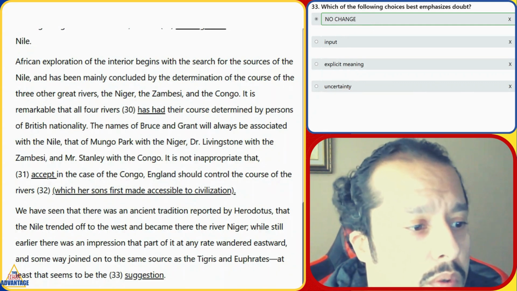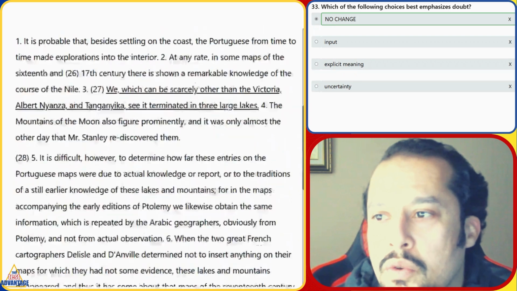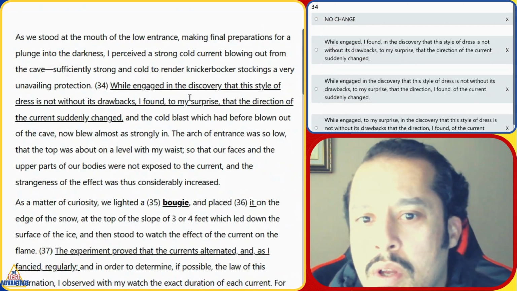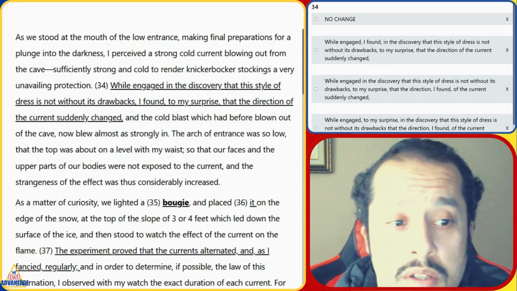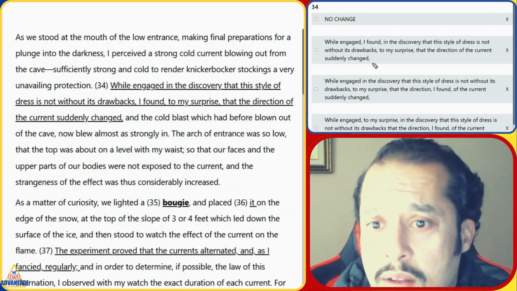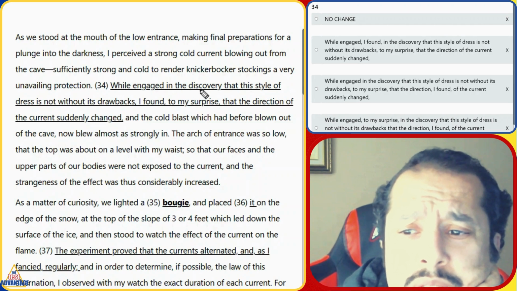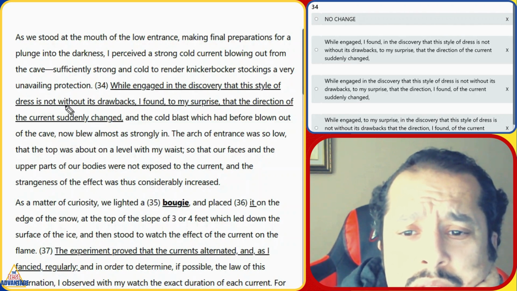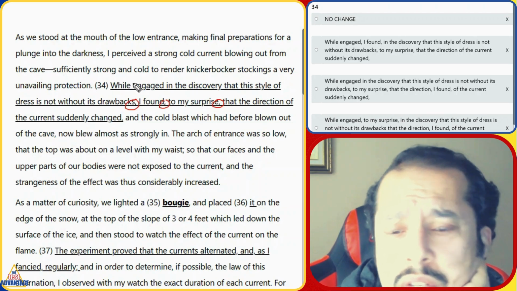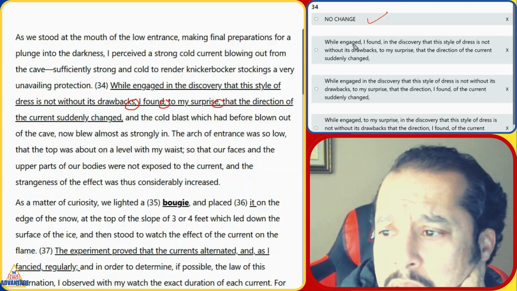Okay, now we're going to do the last passage. Number 34. This is actually a pretty hard test, honestly. I'll say this is the hardest test out of all EST tests. Let's go, 34 here. Education discovery. I don't see a problem here. While engaged in the discovery.